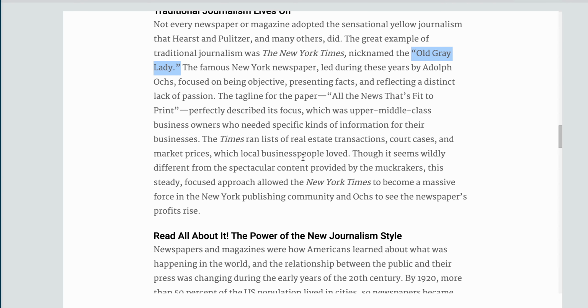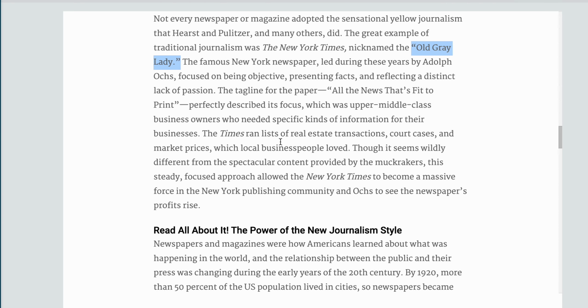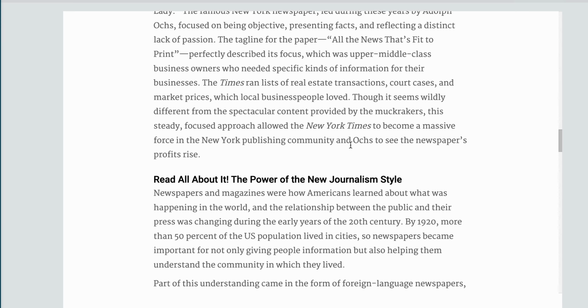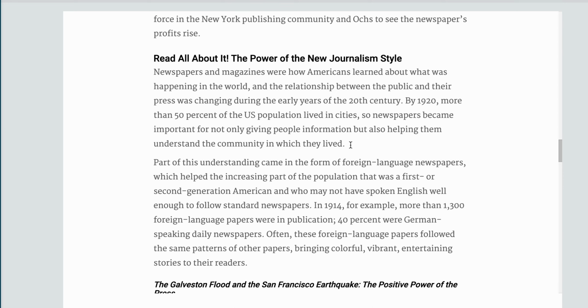Here we can say that the Times also ran lists of some of the information that was of concern to society, reflecting what was really happening in an objective way.